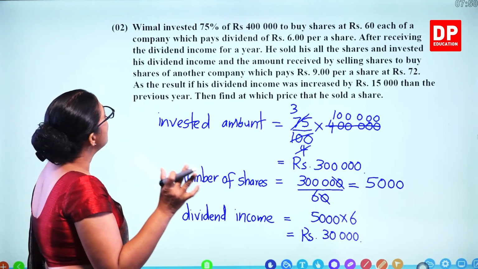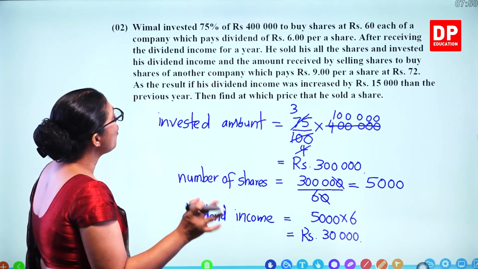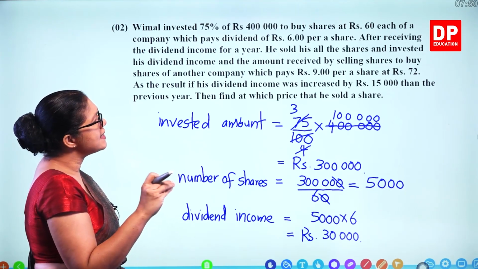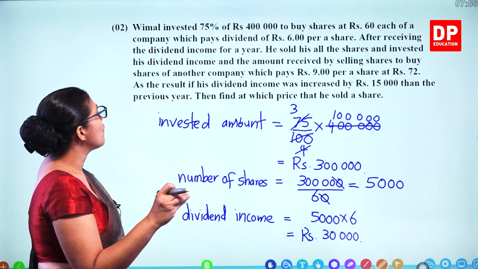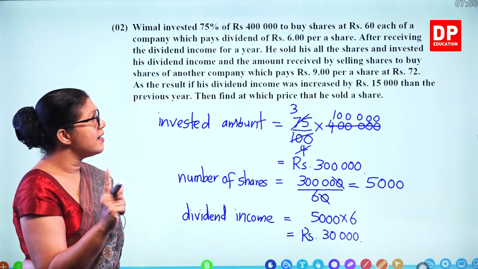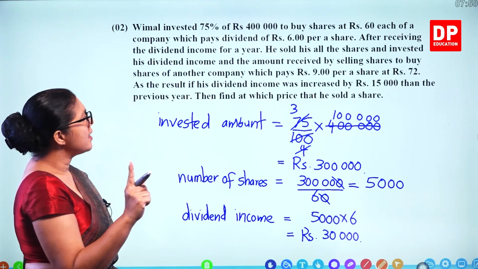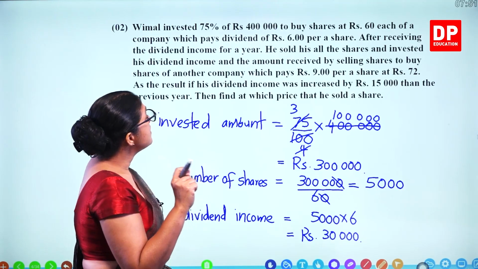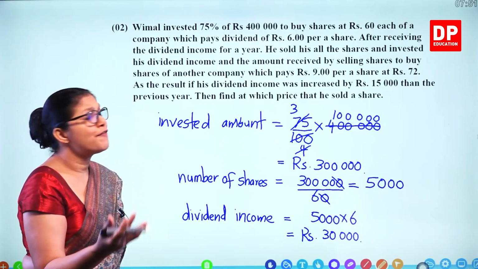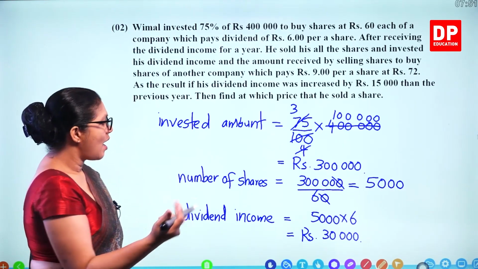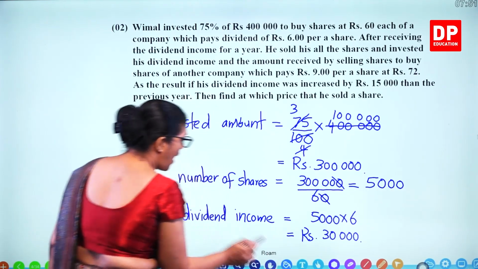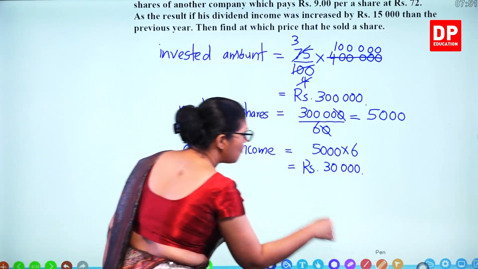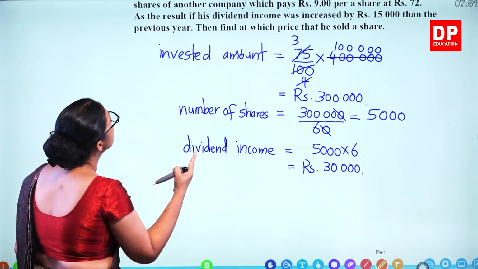Then at the end of the year, he sold all his shares and invested his dividend income and the amount received by selling shares to buy shares of another company which pays 9 rupees per share at 72. As a result, his dividend income increased by 15,000, so now we can find out the dividend income for the next company.